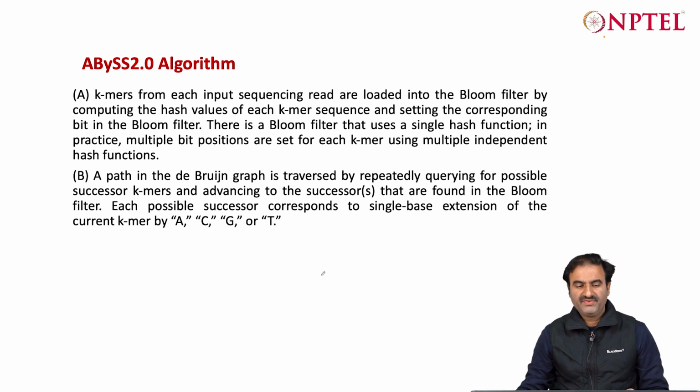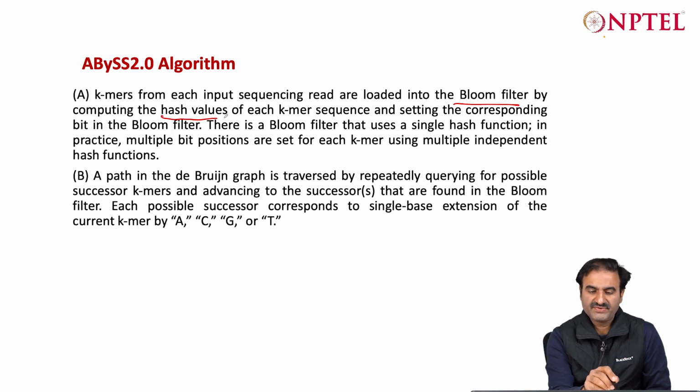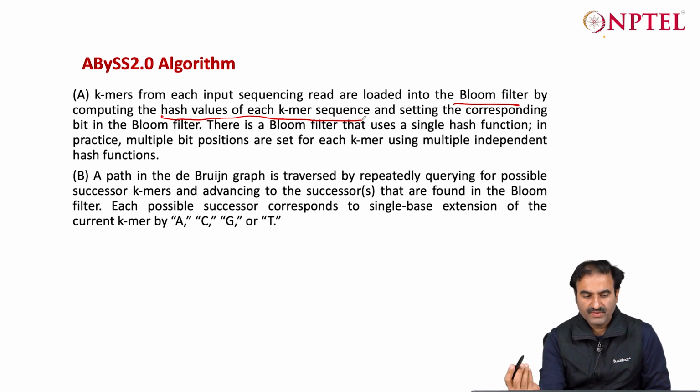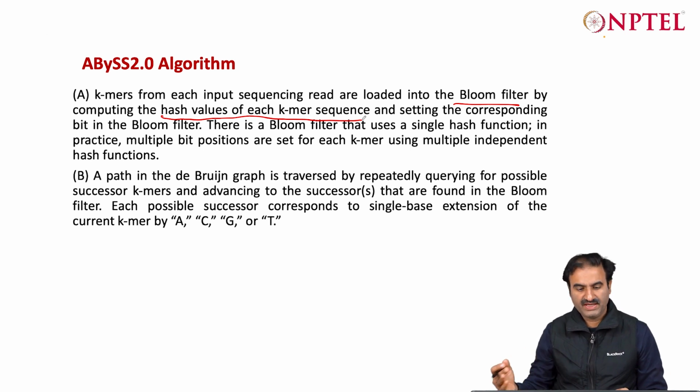Okay, so again, K-mers from each input sequencing read are loaded into a Bloom filter, as we saw in the previous one. Basically the hash values of each K-mer are computed. Then the de Bruijn graph is traversed by repeatedly querying for possible successor K-mers.